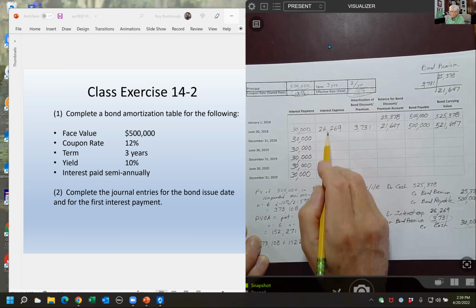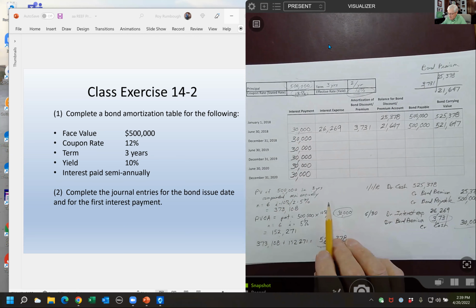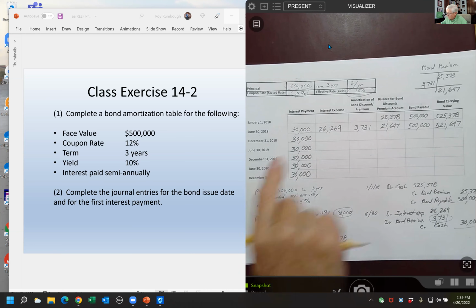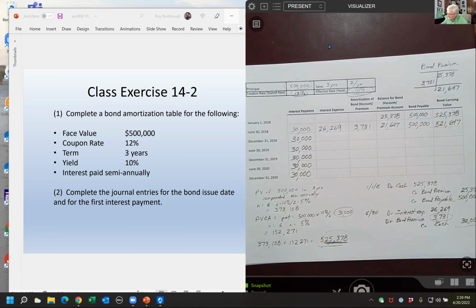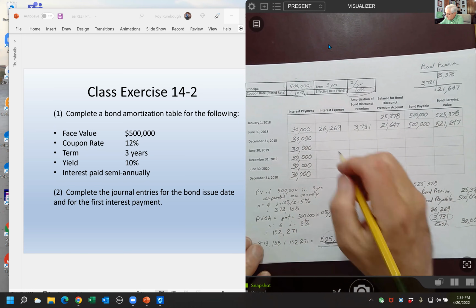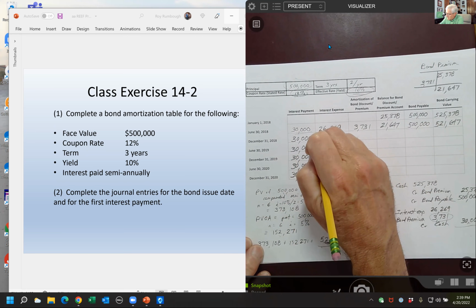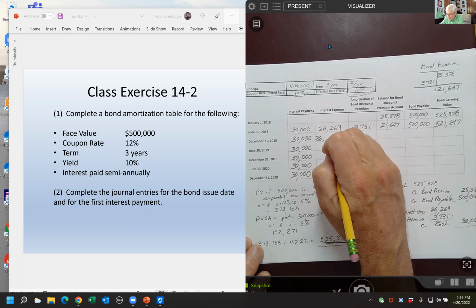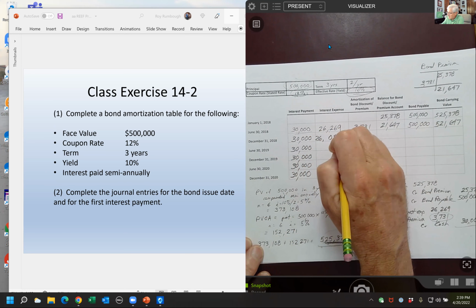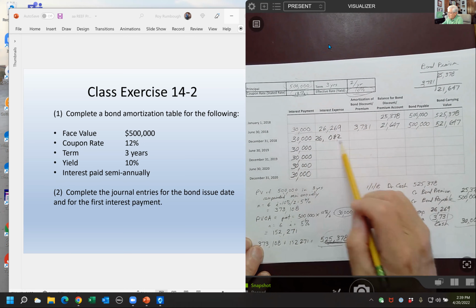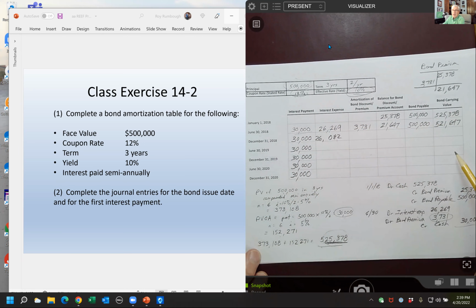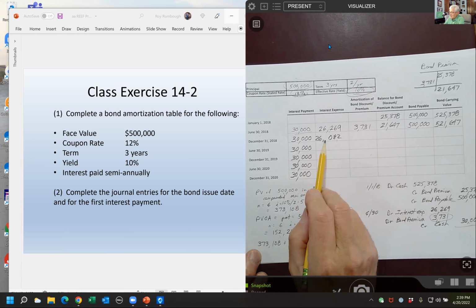And we have to go calculate interest expense. So 26,269 times 5%. That's not right. No, I'm sorry, 521,647 times 5% is 26,082. Notice it's a little bit less because the outstanding balance was a little bit less. And therefore, this difference has now grown.